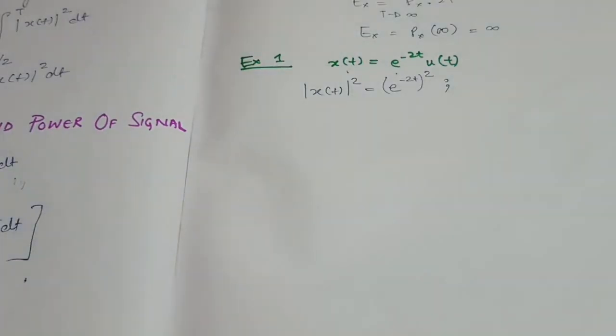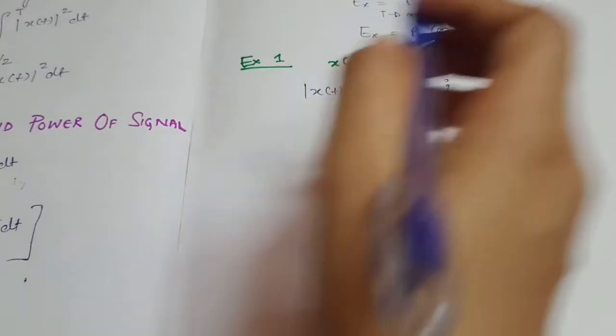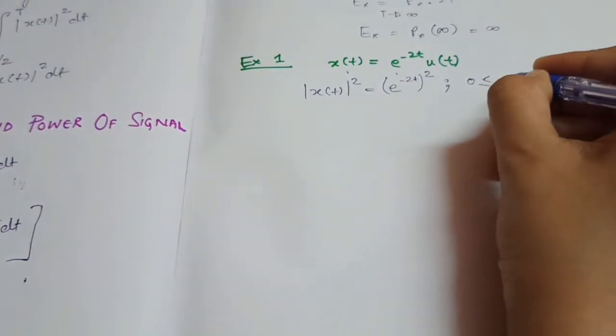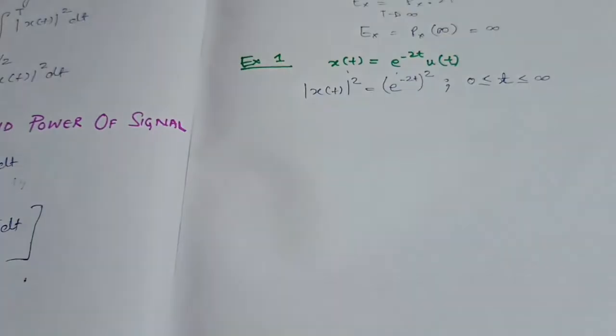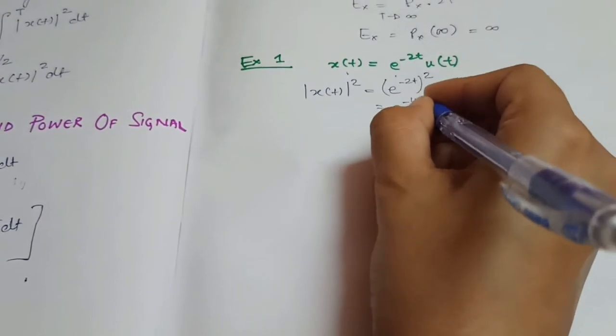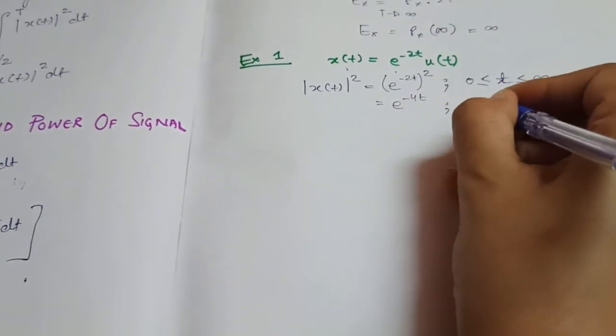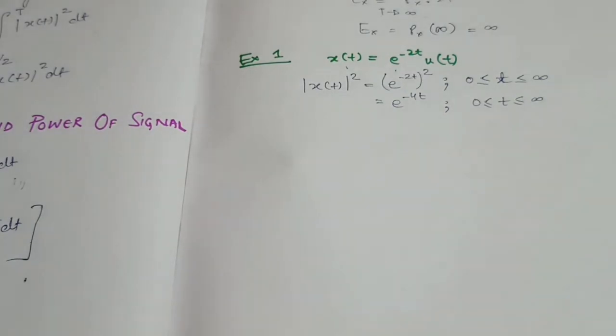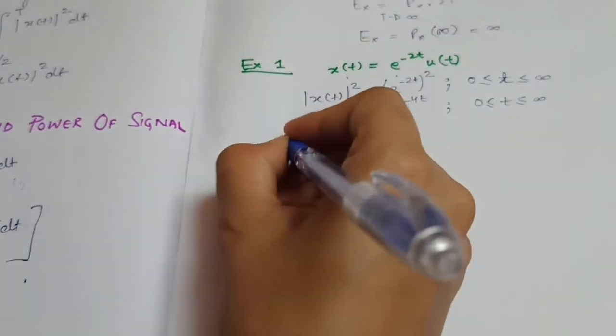for u(t), I'm just taking the limits of the signal. The limits of the signal become 0 to infinity, right? So that's my signal from 0 to infinity. Now let's calculate the energy of the signal.